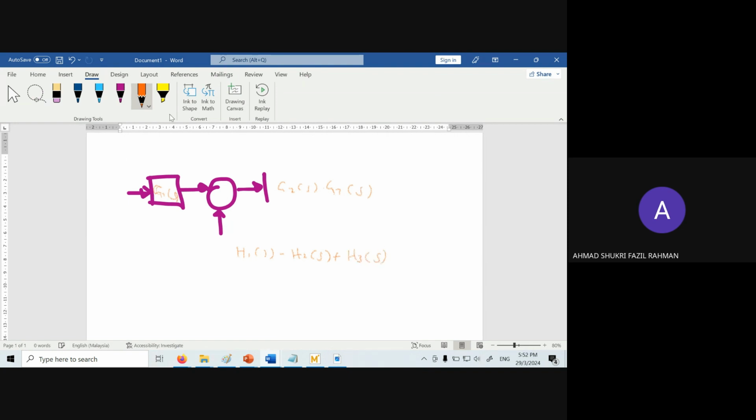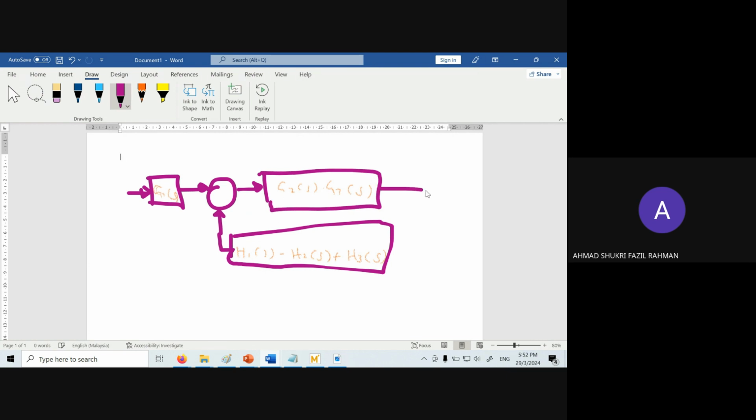So go back to this one, the output C(s).